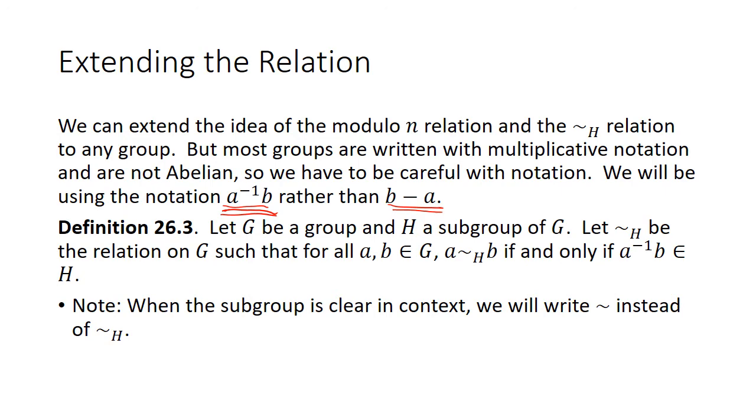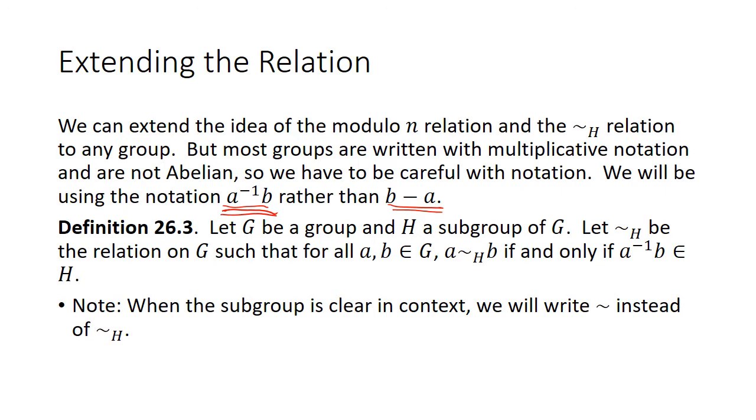Okay, so anyway, definition 26.3: let G be a group and H a subgroup of G. Let tilde H be the relation on G such that for all elements A and B of G, A is related to B by the tilde H relation if and only if A inverse B is an element of H. So this is just like what we were doing on the last activity, except instead of B minus A, it's A inverse B. So it's when A inverse B is an element of the subgroup.